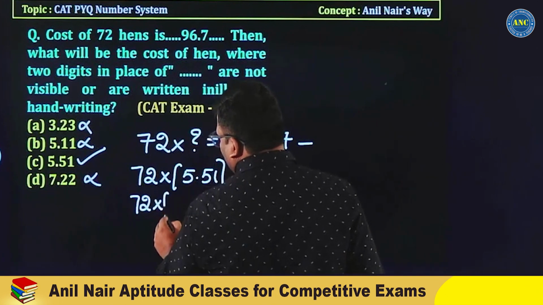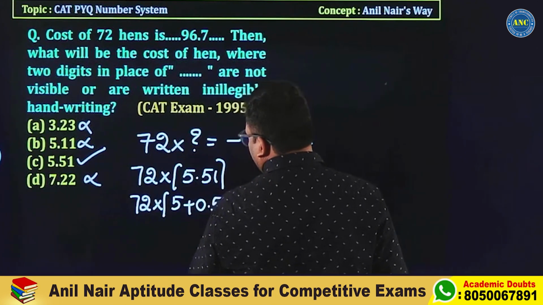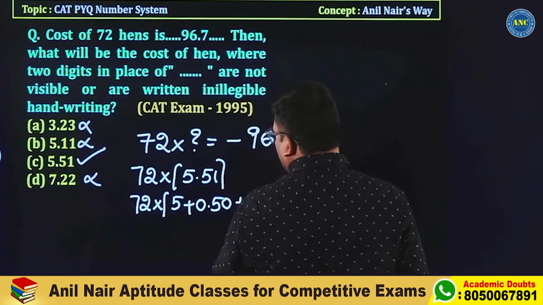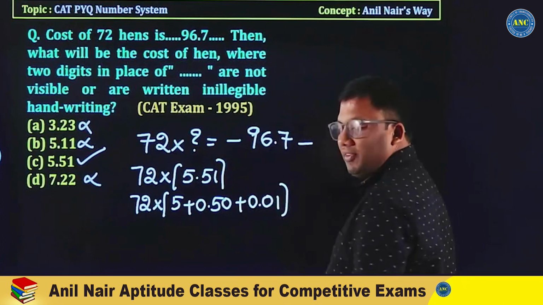We will do it like this, sir. 72 into 5 plus 0.50 plus 0.01. Is it 5.51? Yes.